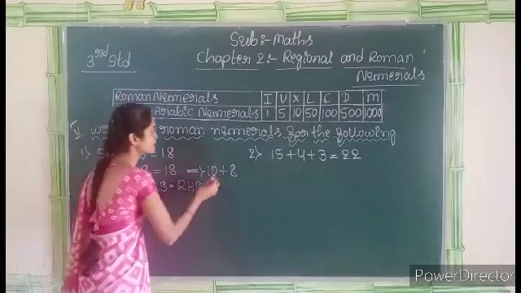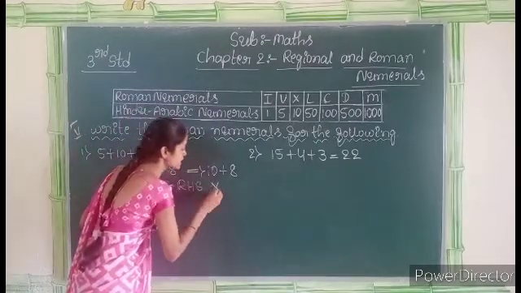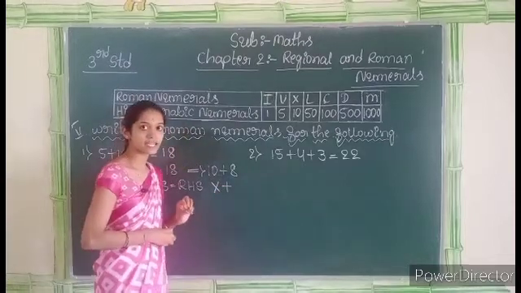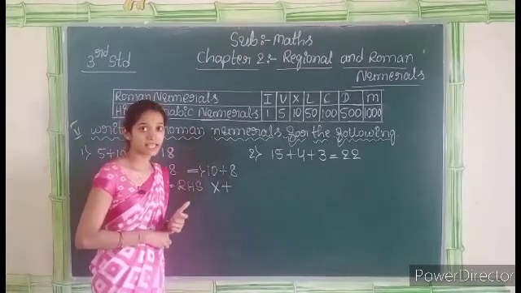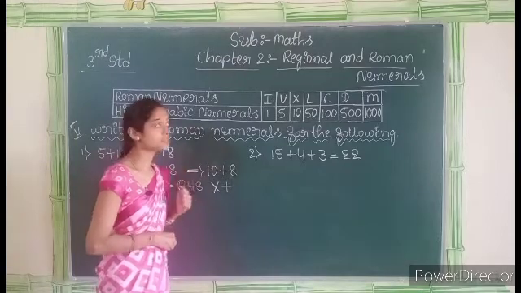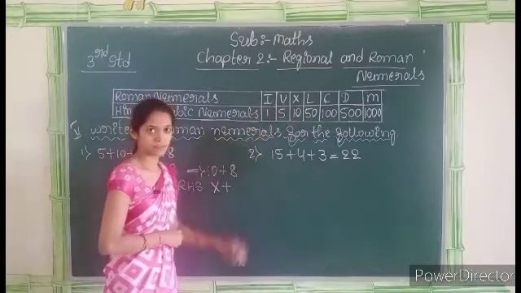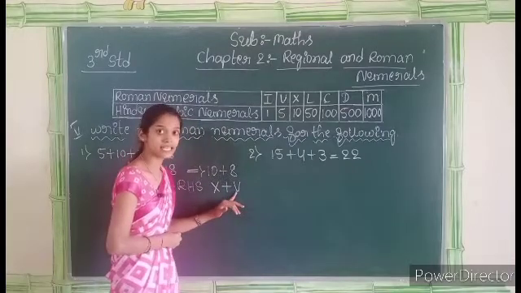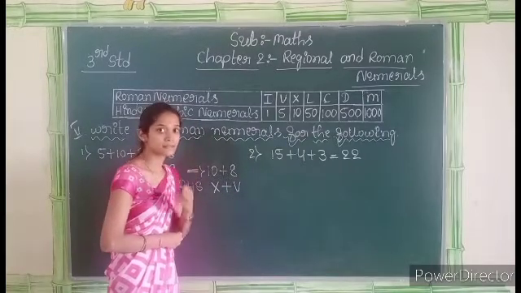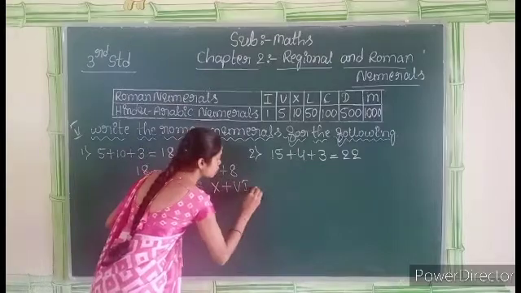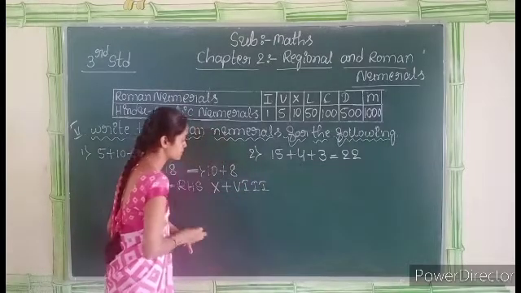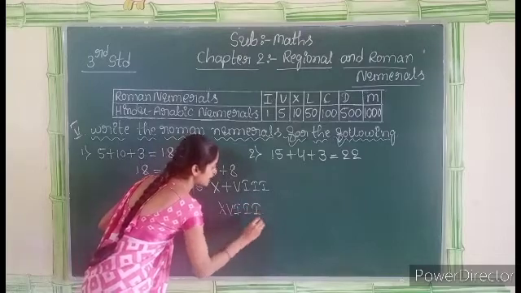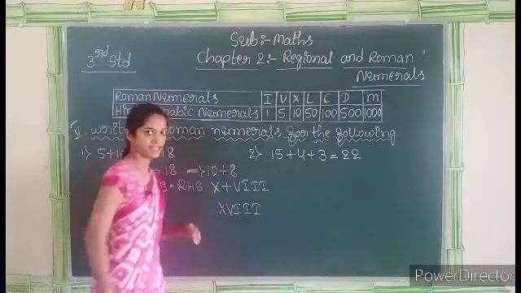For 10, we have the symbol X, plus 8. 8 can be written 5 plus 3. For 5, we have the symbol V. Then 3 can be written triple I. 1, 2, 3. XVIII represents 18.